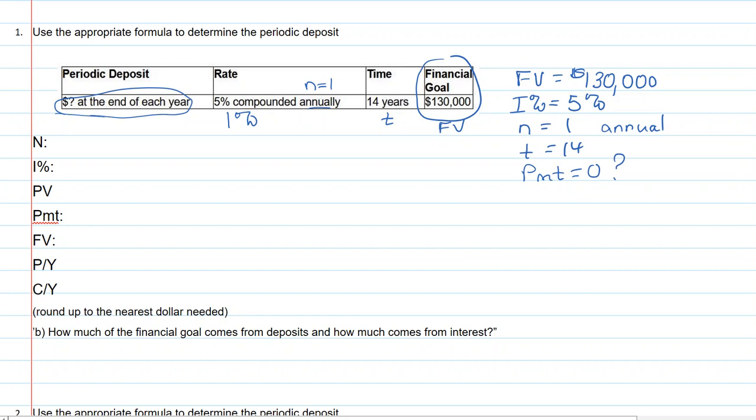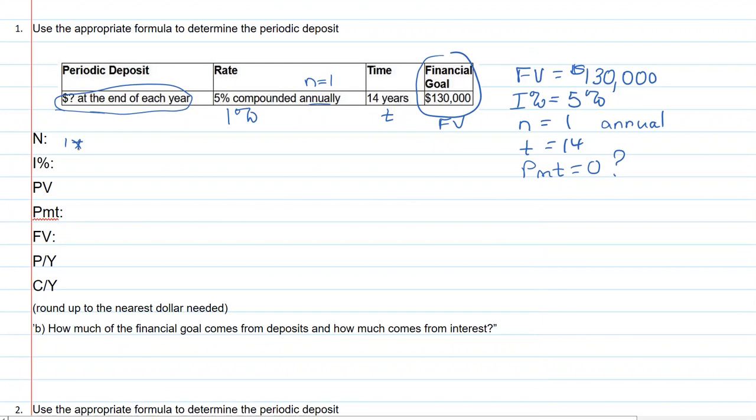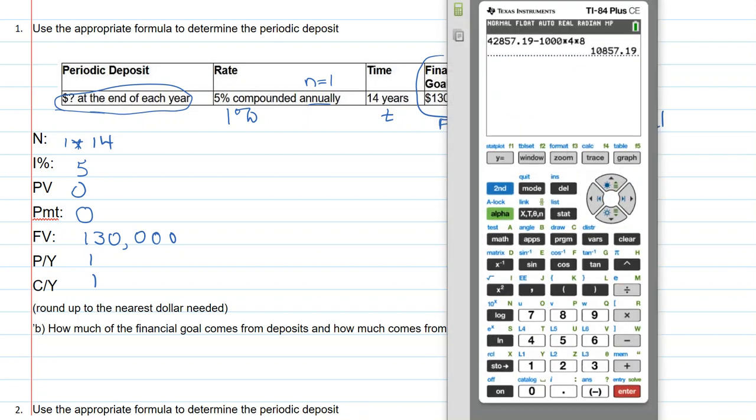Right, so let's put in what we know. All right, so we have 1 times 14. 5% is good, it's 5. No money deposited. We don't know the payment, but we know we want to end up with $130,000, where we have 1 and 1 as a one-time deposit a year of that money. All right, let's see what we can do on the calculator. Solution there.